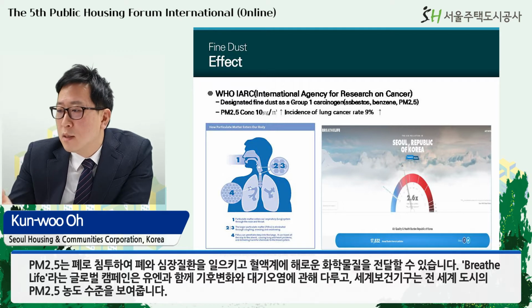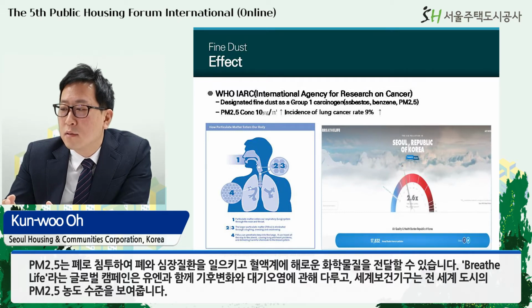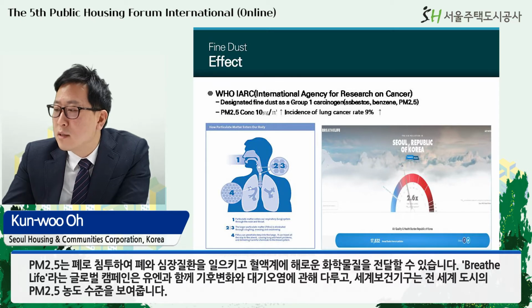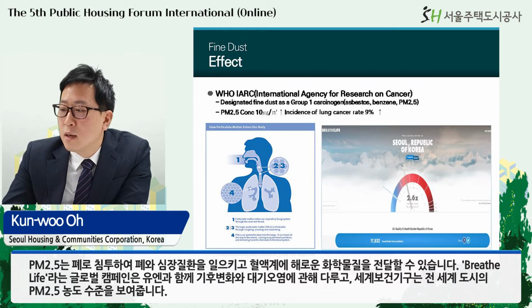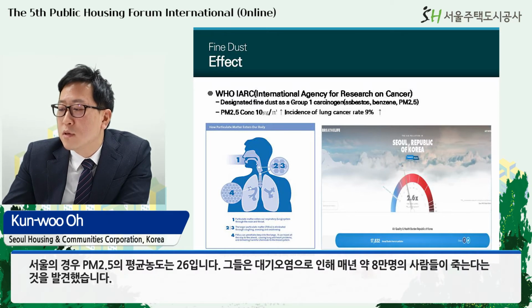Breathe Life, the global campaign related to climate change and air pollution with the UN and the WHO, shows the level of PM2.5 concentration of cities all around the world. In the case of Seoul, the average concentration of PM2.5 is 26.